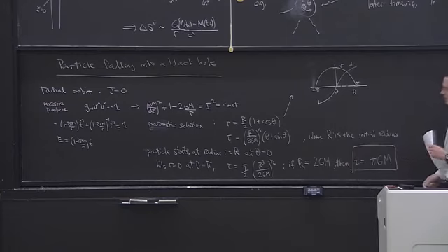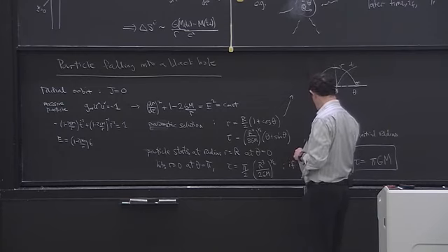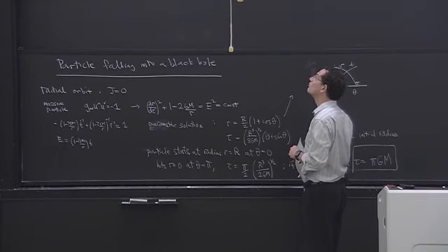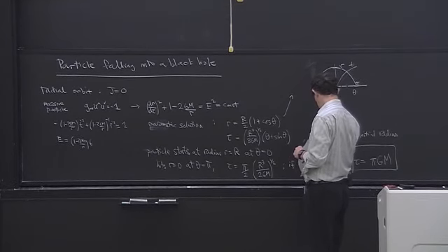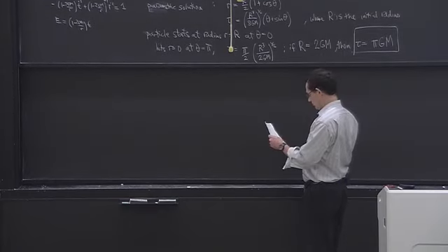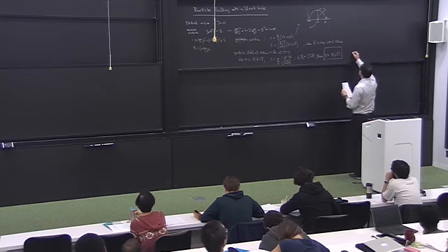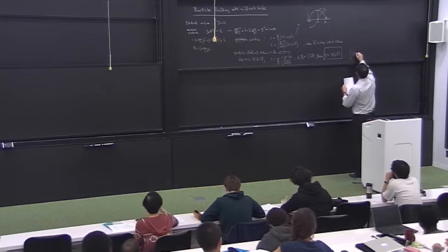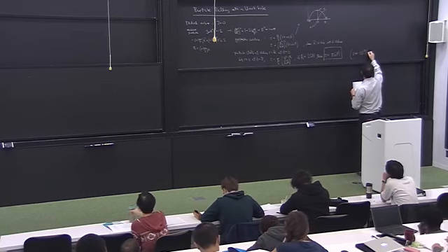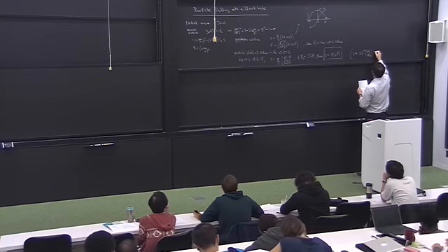So that's the proper time it takes you to fall to the center of the black hole. In units, tau is approximately 10 to the minus 5 times the mass of the sun seconds.